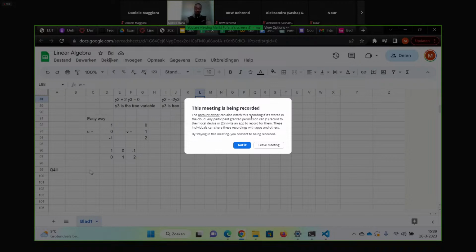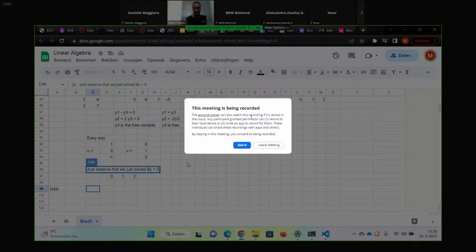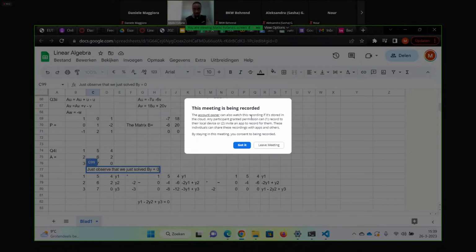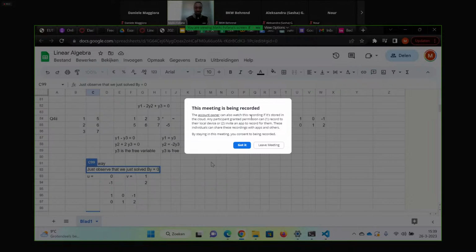So when something like this is asked, you just have to observe that we just solved By equals 0, right? Let me go up and show you. This was our B yesterday, if you remember it.